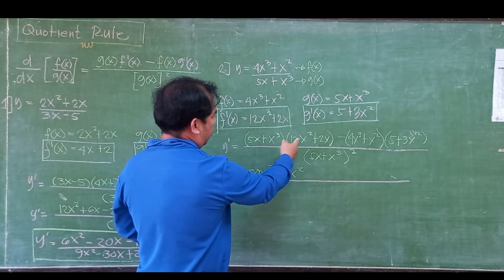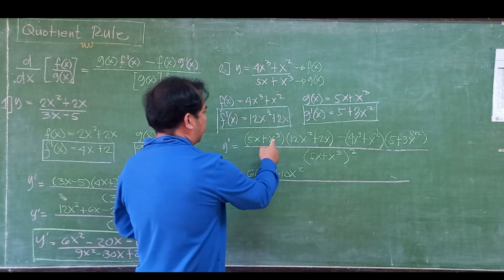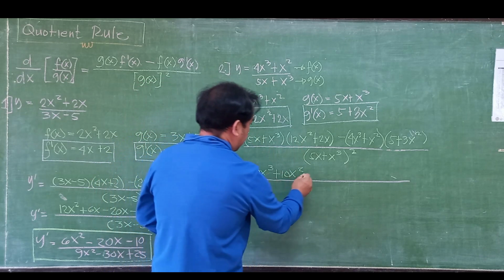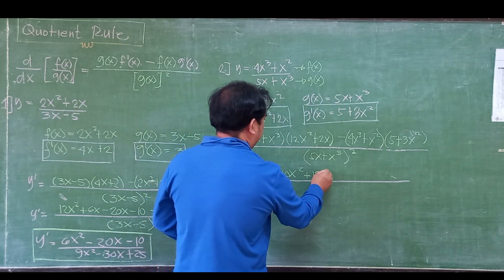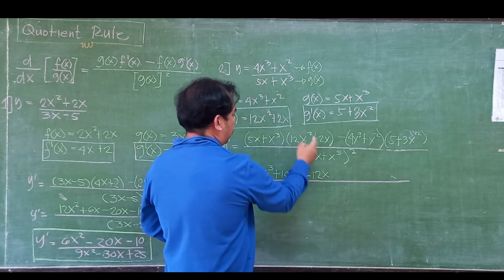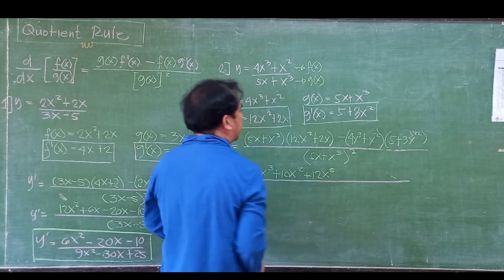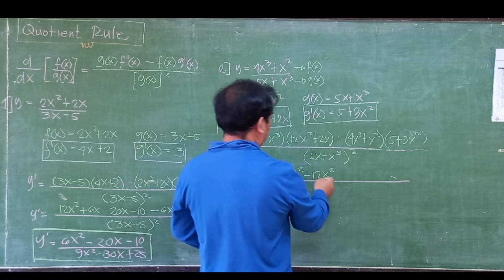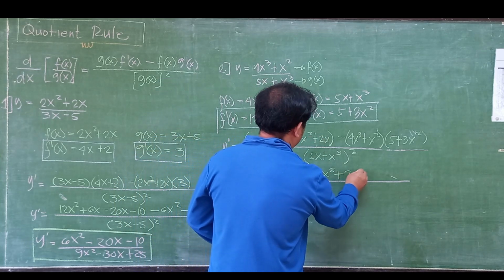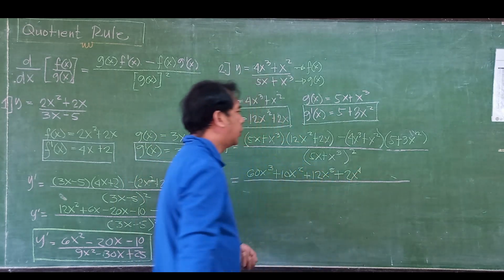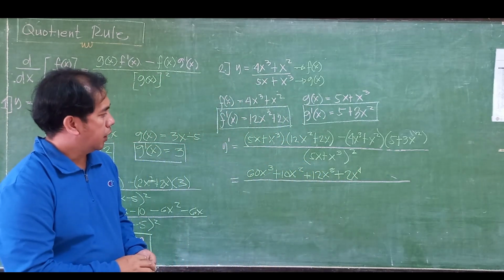Now what about this one? If we multiply this one, it will give you plus 12x raised to 5. Then multiply this one, it will give you plus 2x raised to 4.